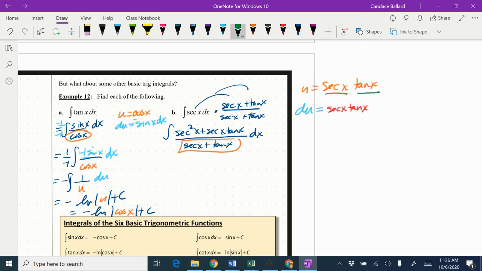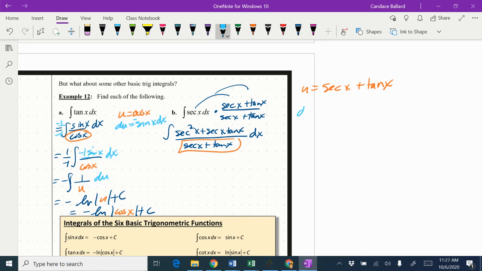Oh, I messed up. Look at what I did, you guys. I wrote this wrong. Totally wrote it wrong. It was secant x plus tangent x, okay?